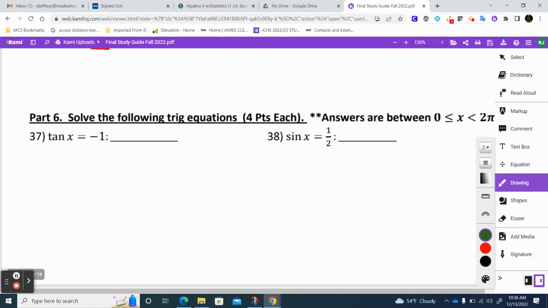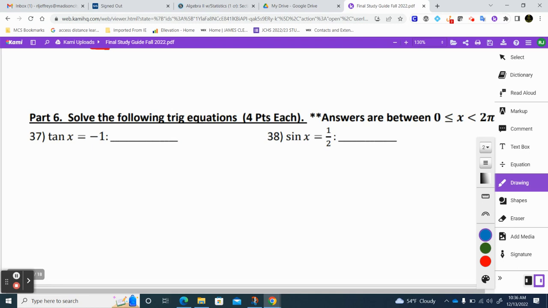And the last part, I just copied this part 6. Solve the following trig equations. They're between 0 and 2 pi. That means that we're only going one time around the circle. The reason it has that is because there would be an infinite number of answers. The tangent would be -1.